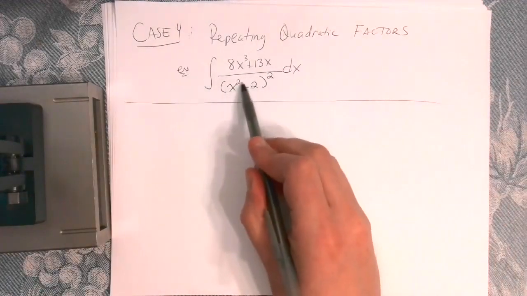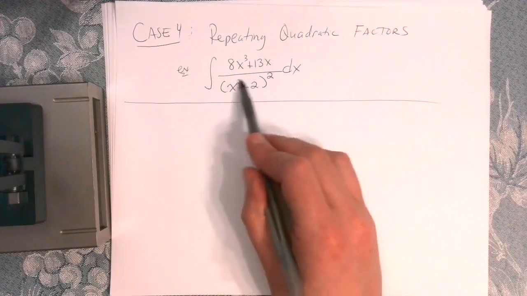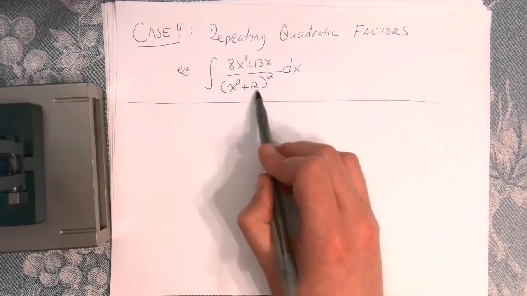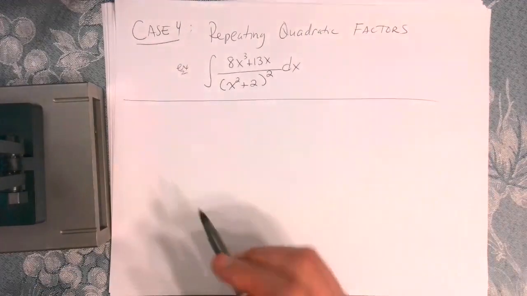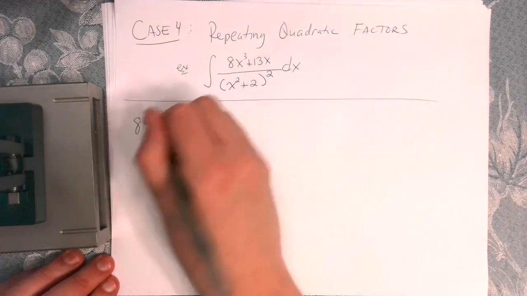So here it's quadratic because it's squared and it won't factor further over the reals. And there's 2 copies. So quadratic won't factor further, 2 copies. Quadratic repeating. So how do we deal with quadratic repeating factors? Let's take a look.